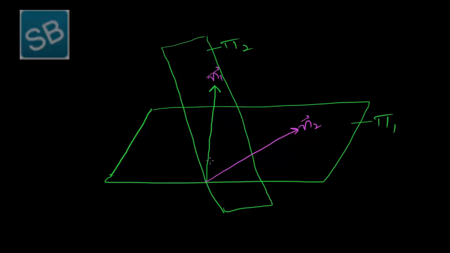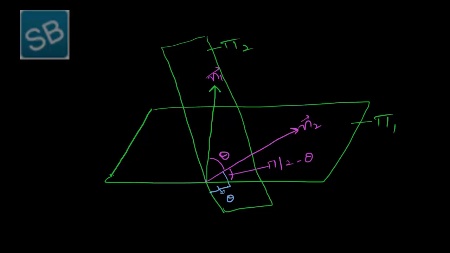Now we are going to say the angle between them is theta. As normal n1 makes angle pi by 2 with this plane, if this is theta, the rest angle is pi by 2 minus theta. And as this is normal n2 which makes an angle with this, the full angle is pi by 2, so this angle must be theta.